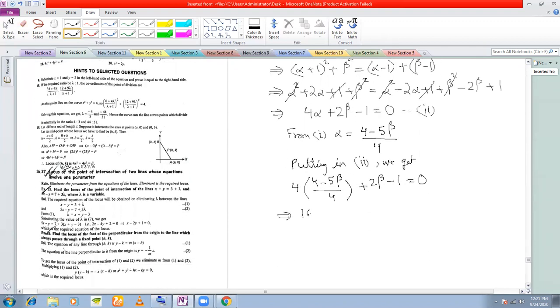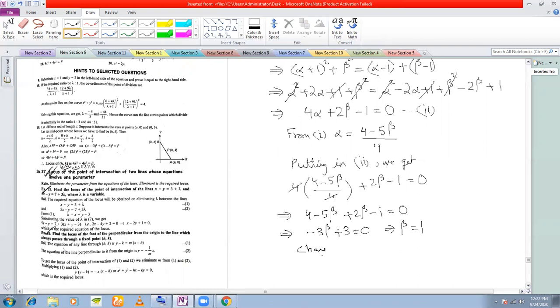That means you cancel the 4 and 4, and you get 4 minus 5 beta plus 2 beta minus 1 is equal to 0. That means you get minus 3 beta plus 3 is equal to 0. That means beta is equal to 1.